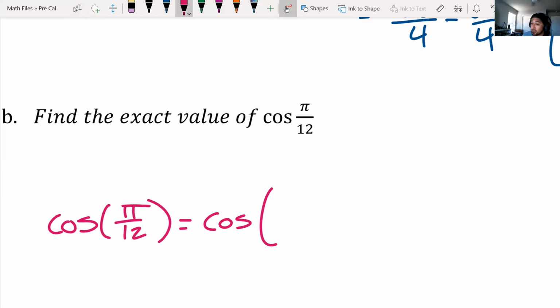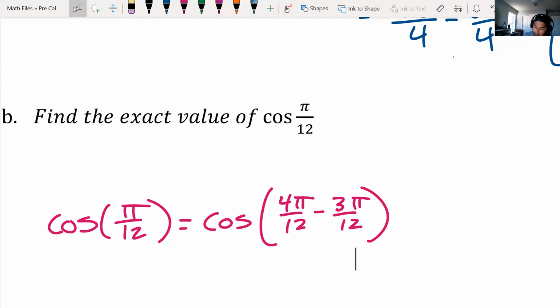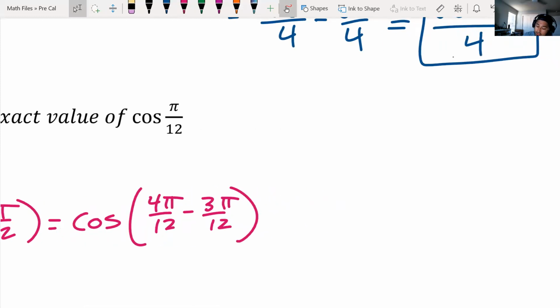Like what two fractions added or subtracted can get you pi over 12. And one of the easiest ways to think of that is just say 4 pi over 12 minus 3 pi over 12. Will that give me pi over 12? Yeah.